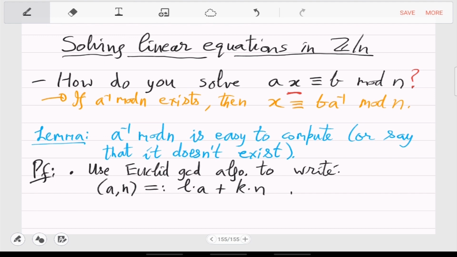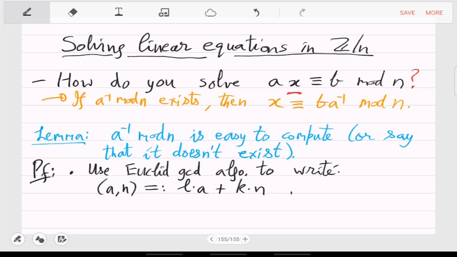I claim that now you have the answer. Do you see it? So suppose the GCD was 1. What is A inverse mod n from this equation?